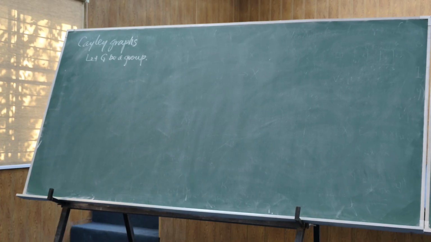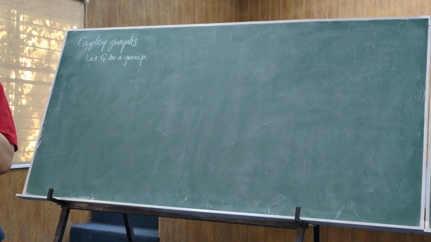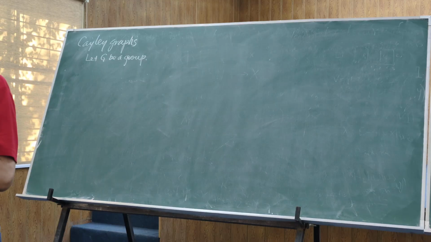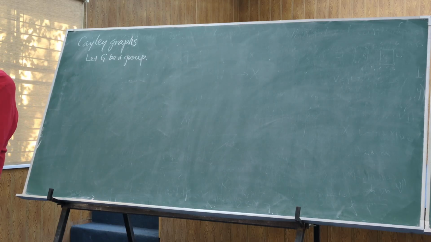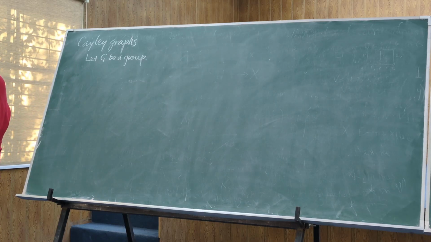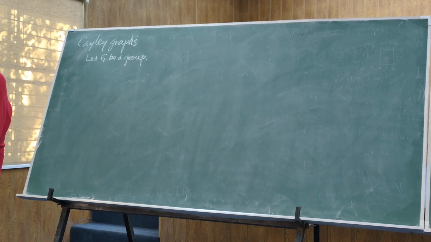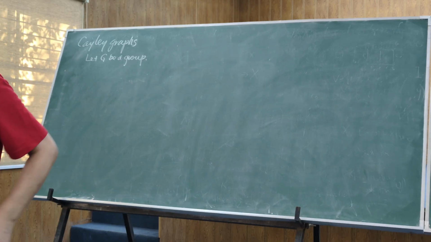A cyclic group has a generating set consisting of one element. I'm asking, if G is a group, does G necessarily have a generating set? Yes. Give me an example. The whole group generates itself.